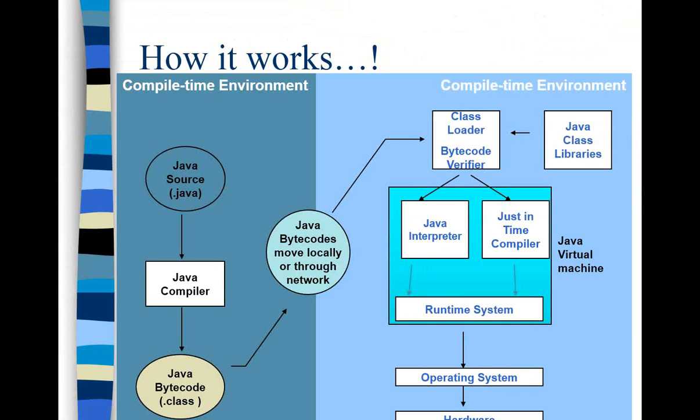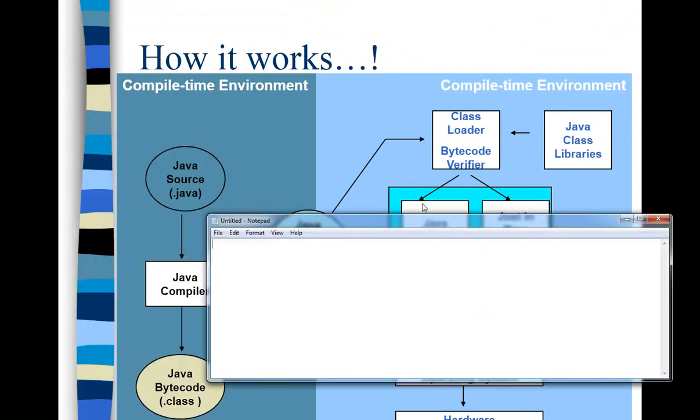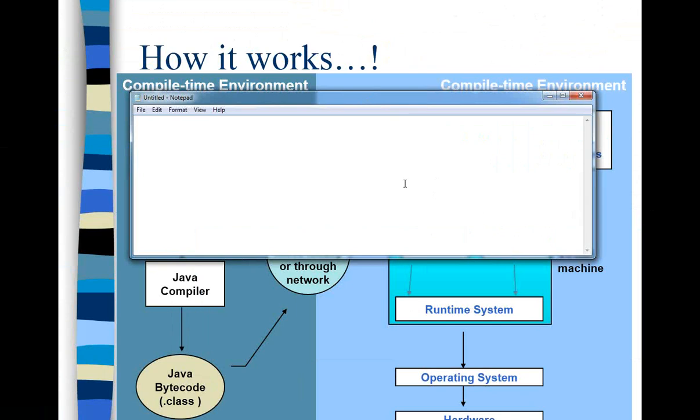Once your program is created and saved as .java, I'll show you how we can save it as a .java file. Say you have opened your notepad, and I can simply write my Java program as class person, and then string name, int age, etc., whatever.